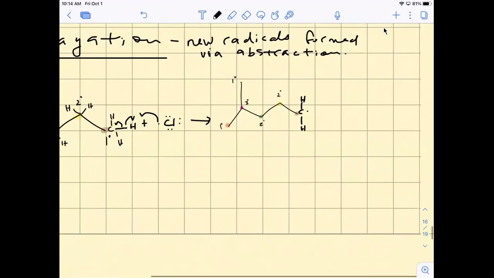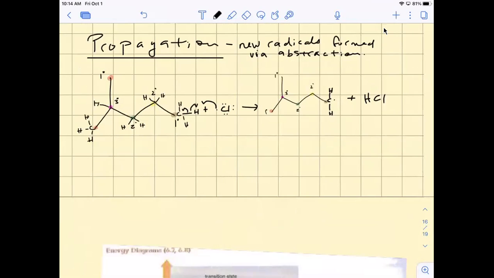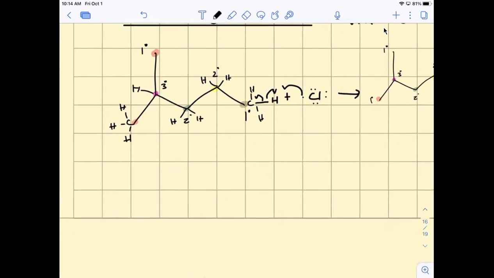Everybody agree? Plus HCl. Anybody not see that, or anybody disagree with that? All right. So now we're just going to walk the chain. Let's do that.